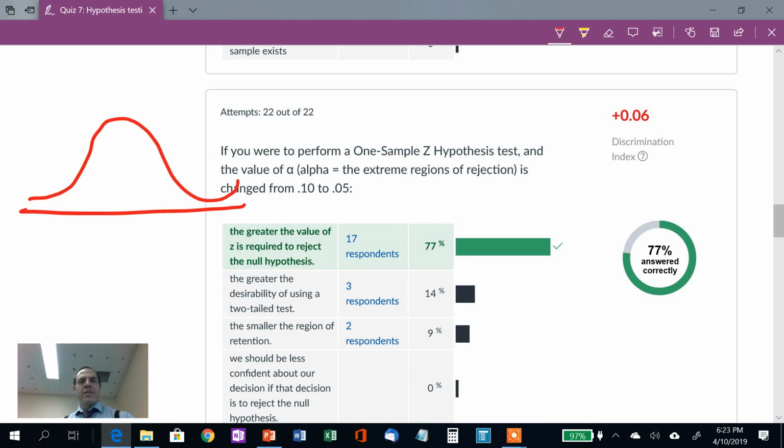The regions of rejection, let's say for 0.10, it's going to be 0.05 here, 0.05, 0.05. So this region is basically 0.05, or about 5%.